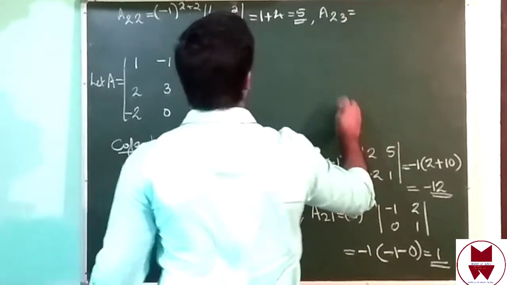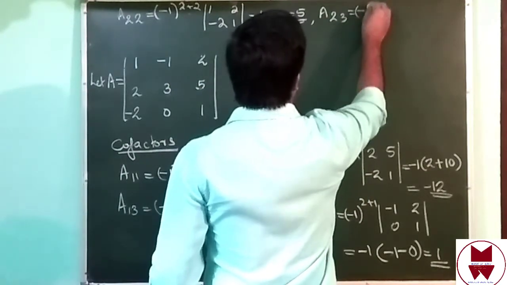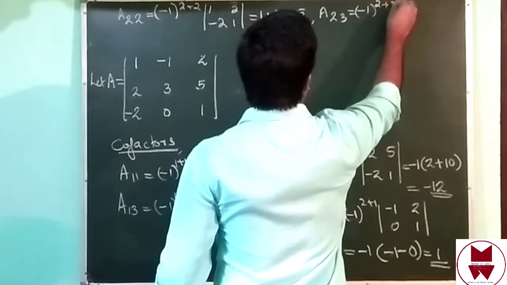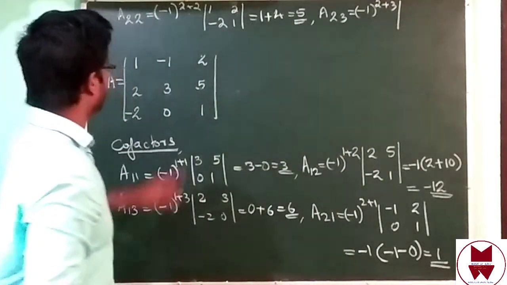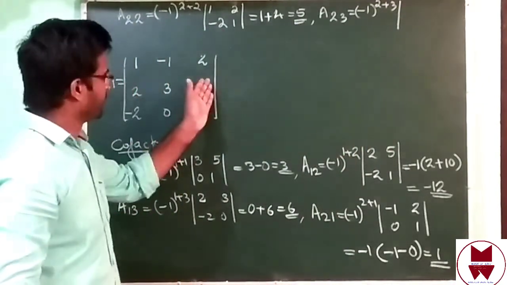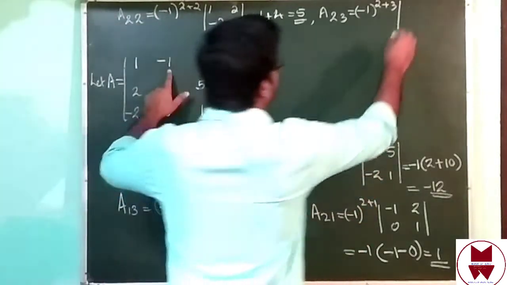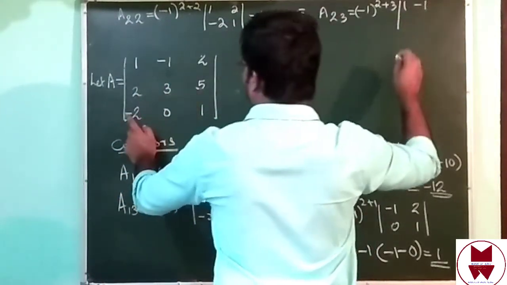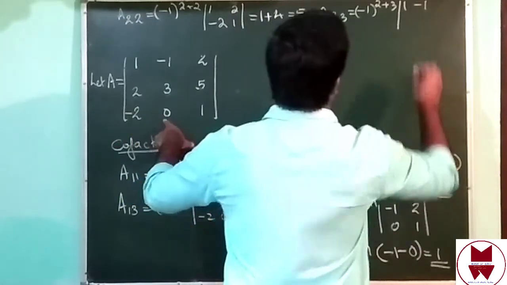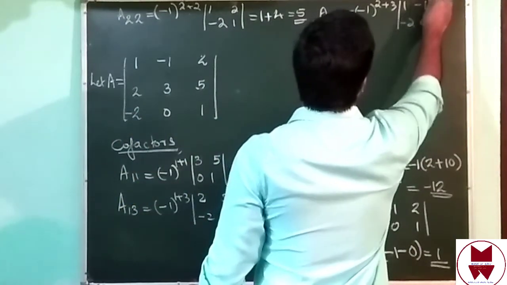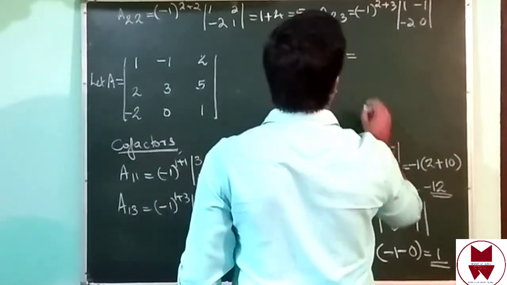Then A23: minus 1 raised to 2 plus 3, determinant, this element. Second row and third column, delete, then remaining 1 minus 1, then minus 2 0 equals, what will you get?